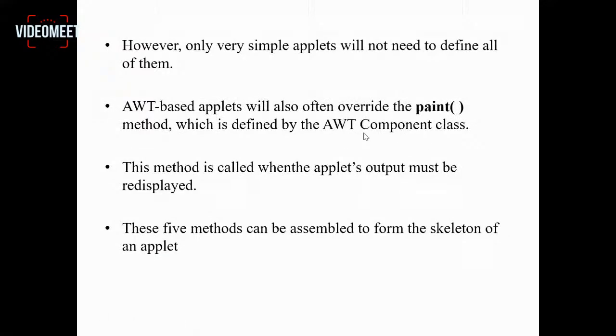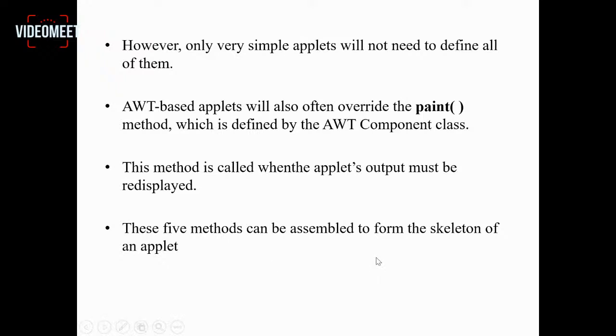That is what we have done in our program. We have created our own definition for the paint method instead of using the default version of the paint. This method is called when the applet's output must be redisplayed. Each time you want to change the content of an applet, this paint method will be called again and again.